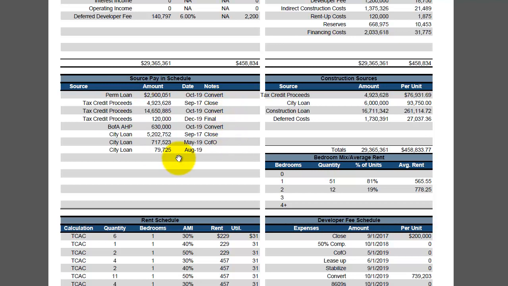This helps people get on the same page about the timing. Over here, I have a section that shows some of the temporary sources for the project, talking about the construction loan and the amounts of the credit proceeds that will be paid during the construction period. Okay, this is a temporary view of the project.